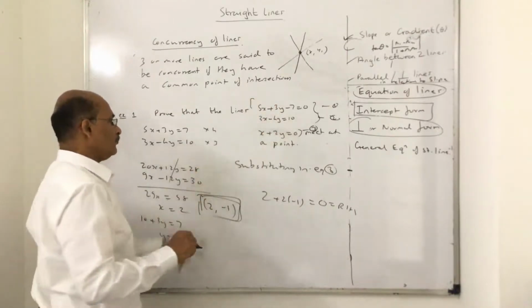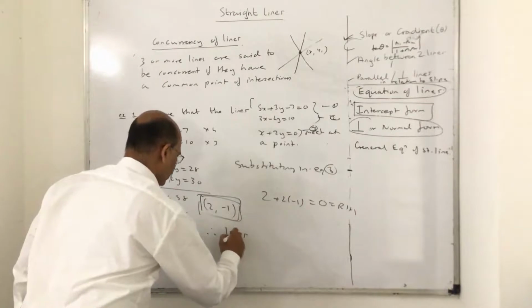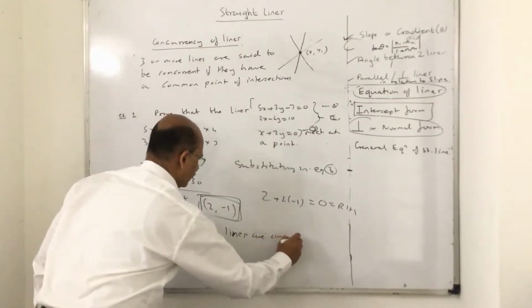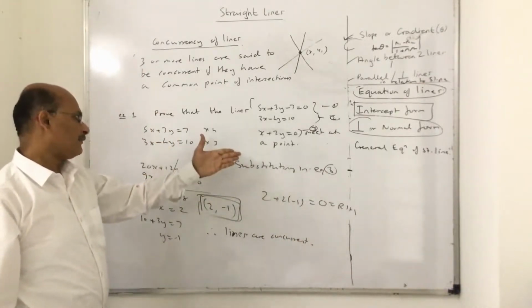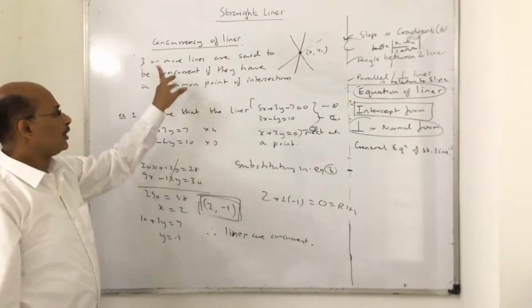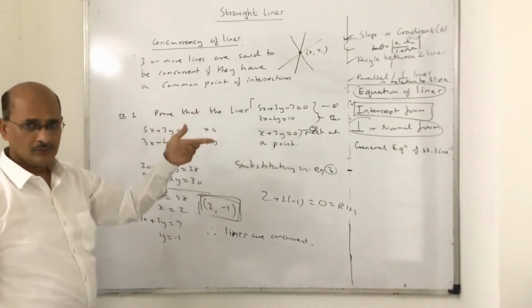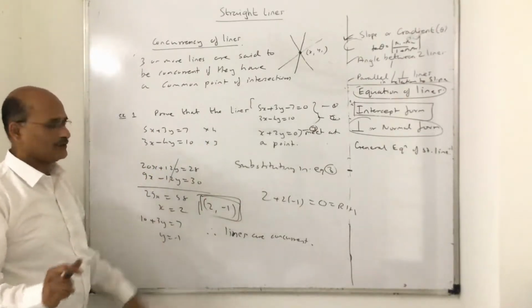That means these lines are concurrent. One more example of a different type we will do on concurrency, but I hope you understood how to find whether the lines are concurrent or not. Okay, so pause and note it down. One more example on this we will cover right here.